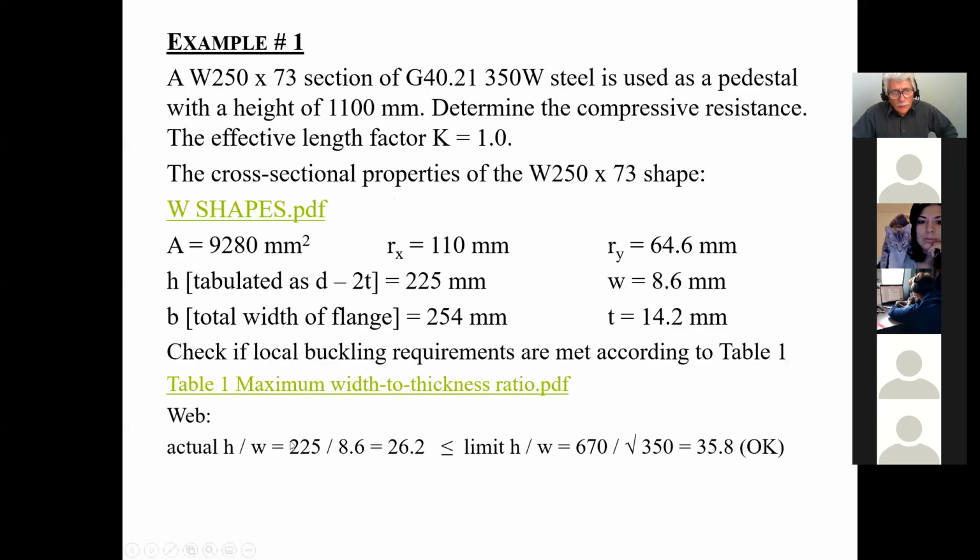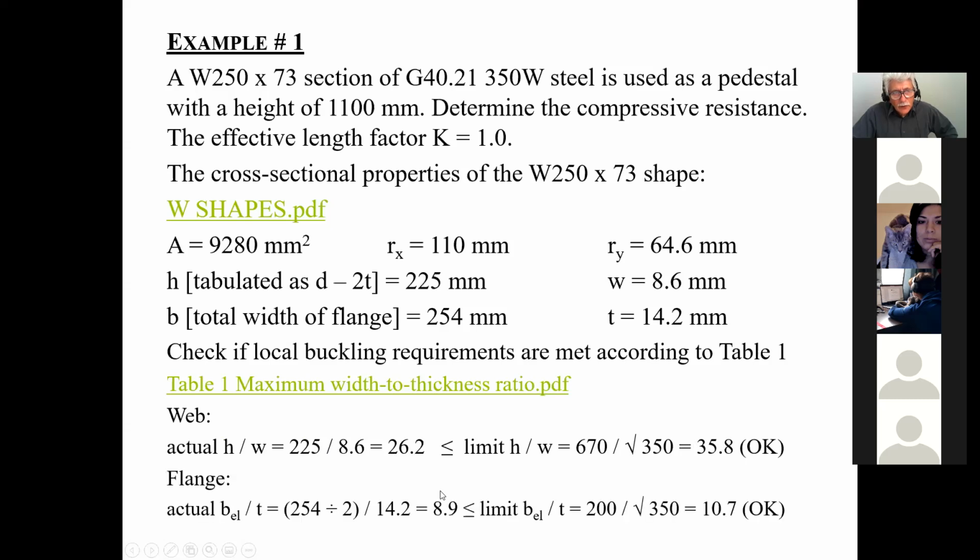So I check one. In other words, like I said, 225 divided by 8.6. Okay, it meets for the web. And then for the column, I take half of the B, which is the BEL. In other words, it's just that part that sticks out from where it's being supported. That's why they want you to take only half.